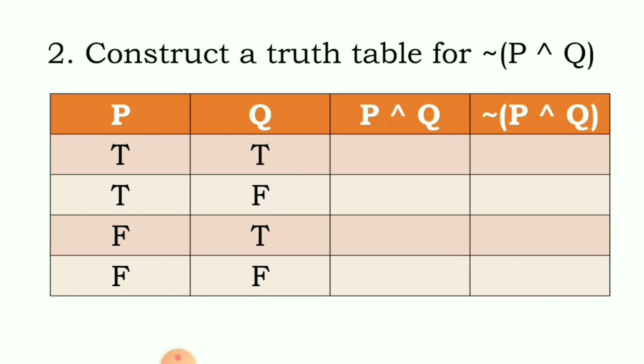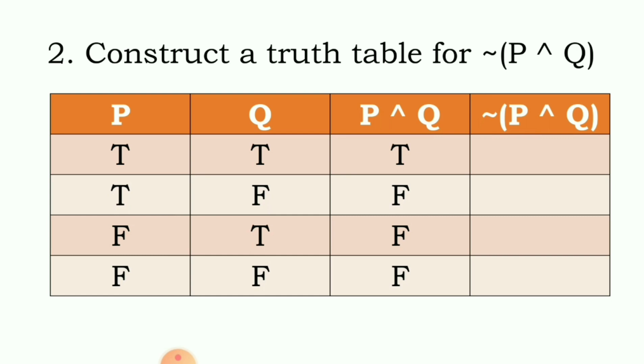If P is true and Q is true, then P and Q is true. If P is true and Q is false, then P and Q is false. If P is false and Q is true, then that will be false. If both P and Q are false, then that will be false.